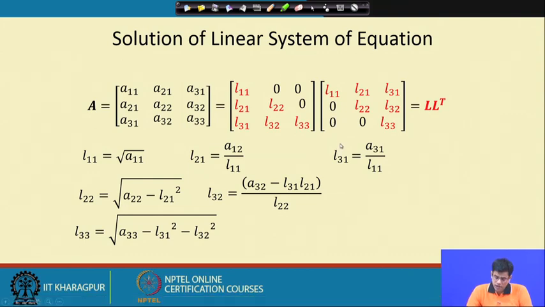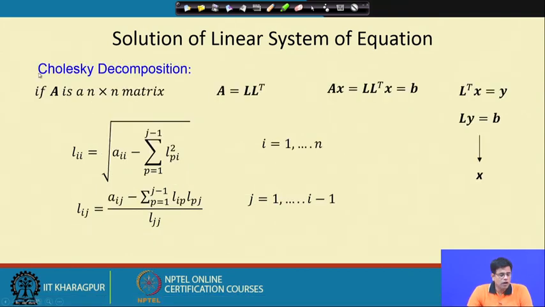Now, we can generalize this for an n cross n matrix, similar to the generalization of the LU decomposition. The formula turns out to be like this. Once we compute the L's, the solution is pretty similar to the LU decomposition.